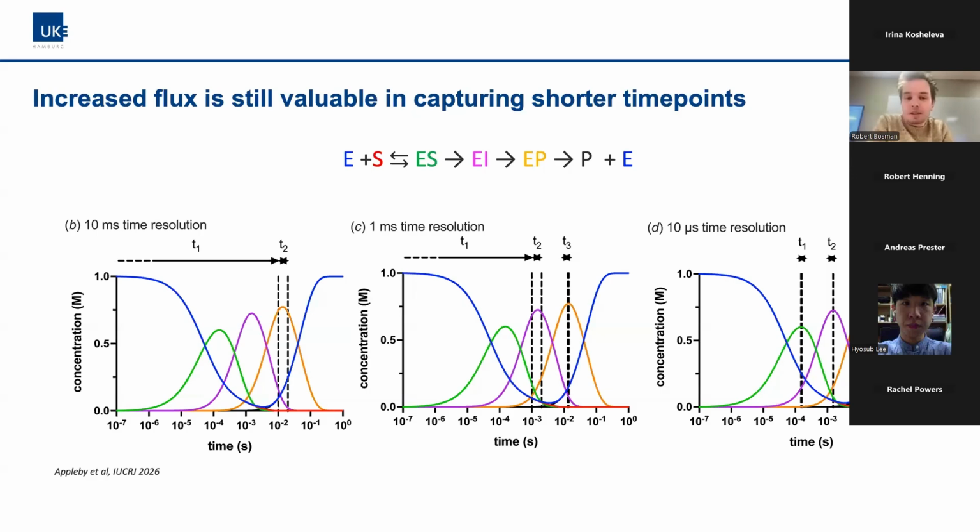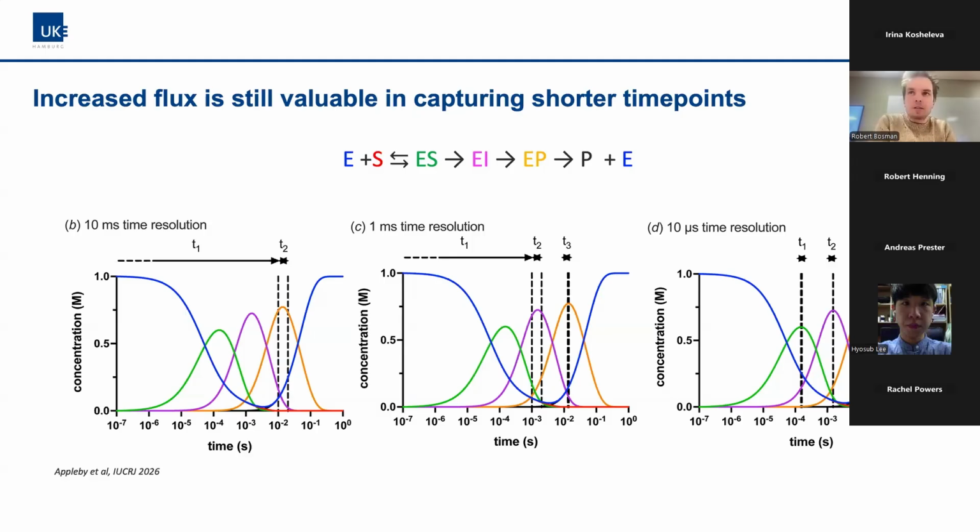That being said, higher flux is still valuable. This is a nice paper I thought I'd point out, out of John Beale's group at PSI, which just looks at the implications across your kinetic regime, dependent upon the pulse width of your probing beam, right?